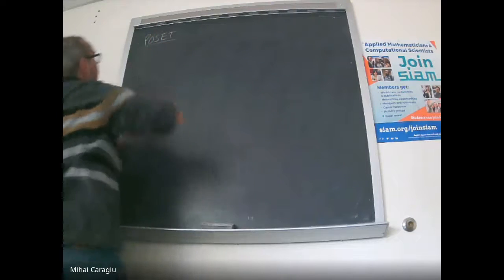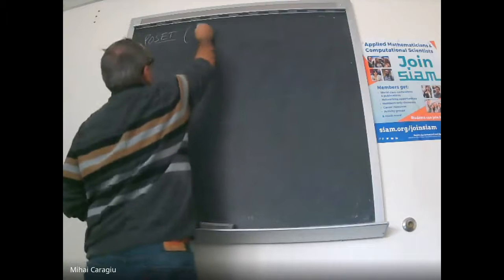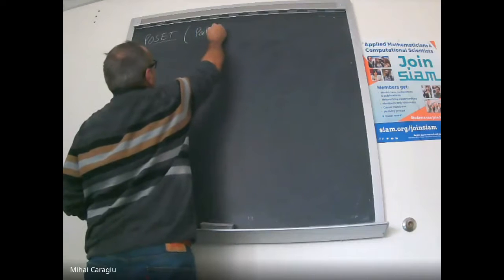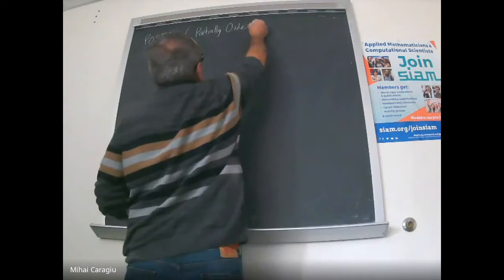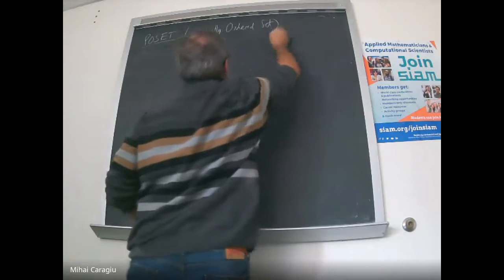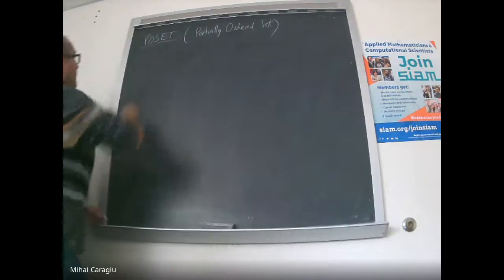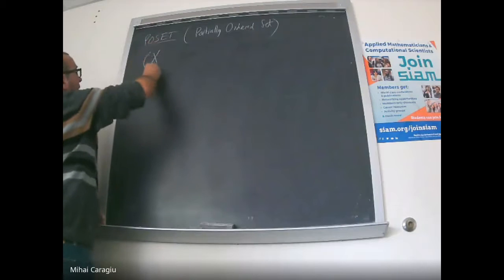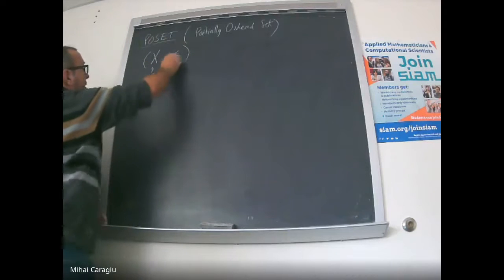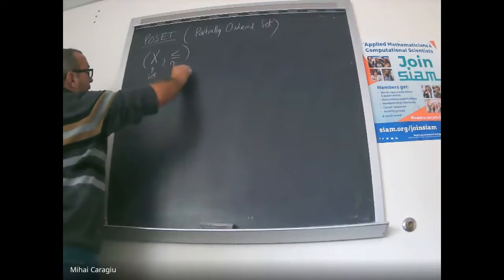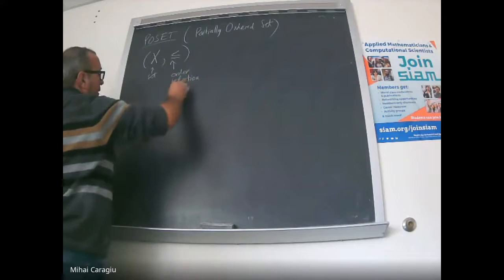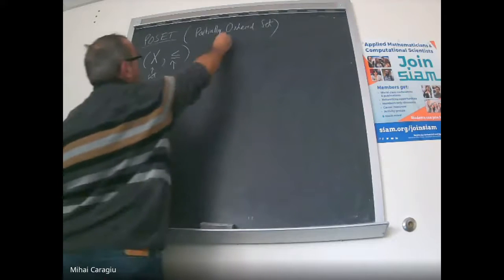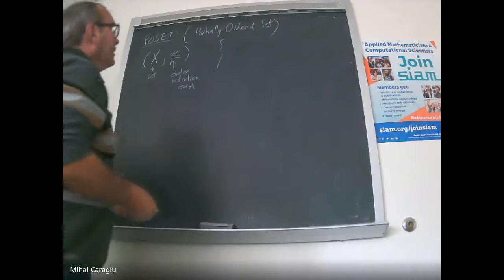Poset is an acronym for partially ordered set. A poset is a set X endowed with an order relation, again satisfying the order axioms.